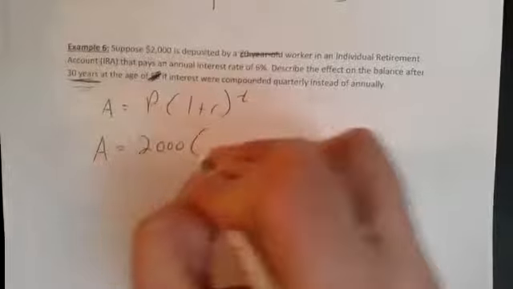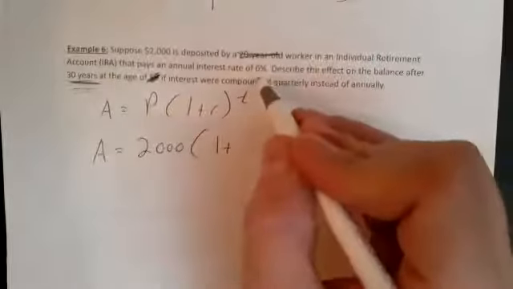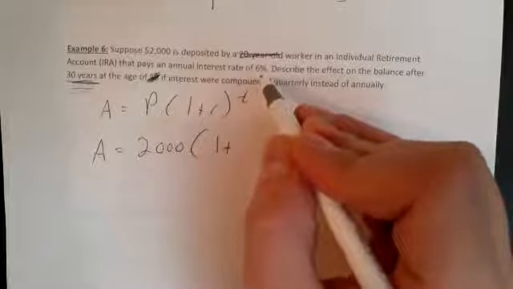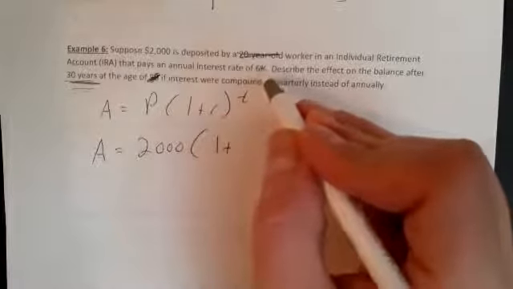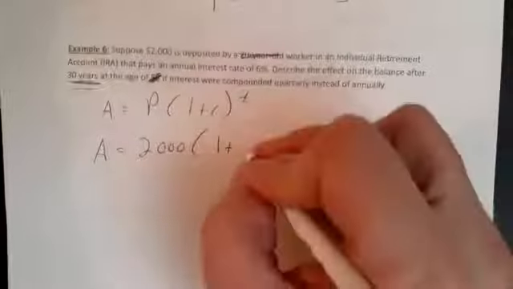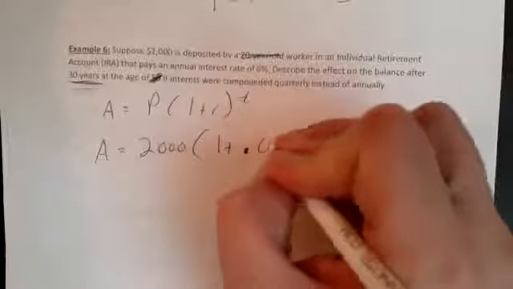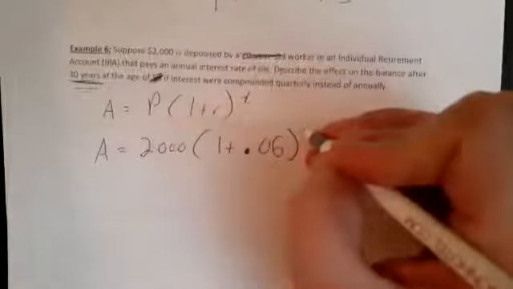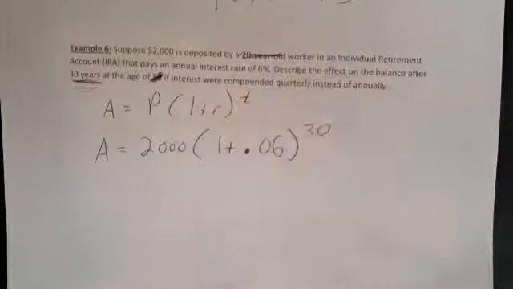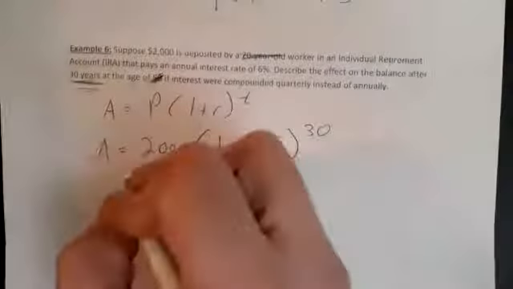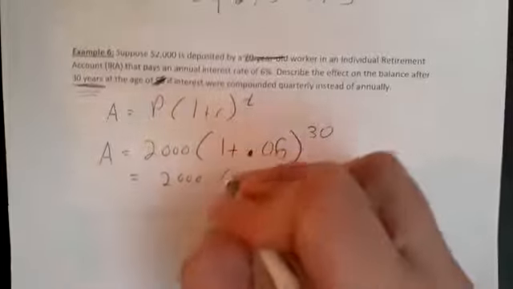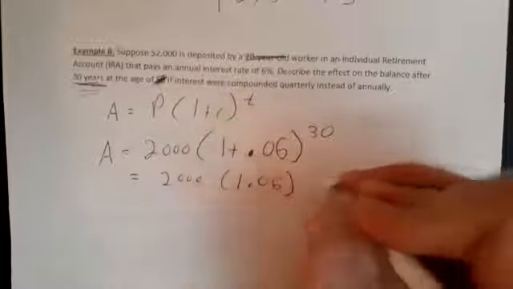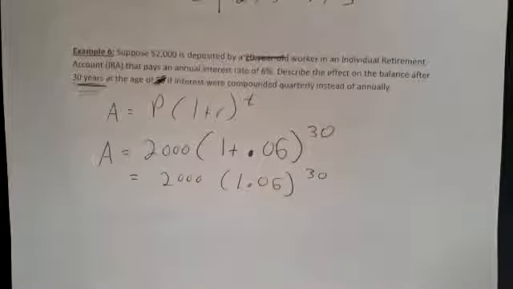So my principal was 2,000. I'm doing 1 plus my rate. And so I hadn't really explicitly said it, but you have to convert these things to decimal, and you have to convert them appropriately to decimal. And so 6% should be 0.06, and we're going to the T, which is the 30 years. And so if you're doing PEMDAS, the first thing you should do is add those two numbers in the parentheses, right? And so now I'm grabbing my calculator to do 1.06 to the 30. And then I'm multiplying that by 2,000.